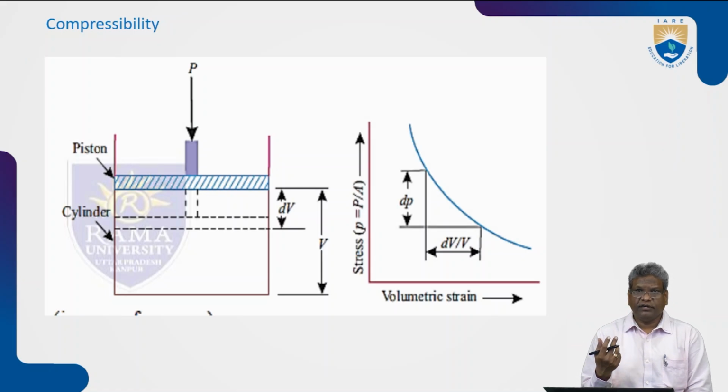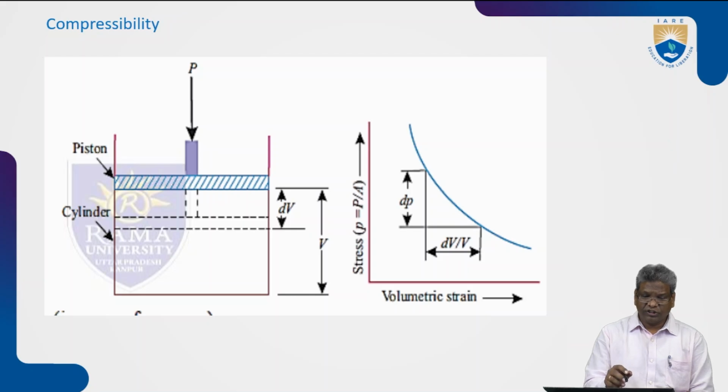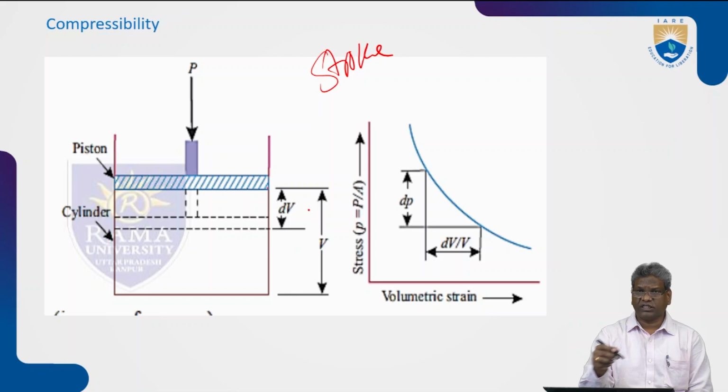By taking some diagram, we can explain how this compressibility will change with respect to the change in volume from the original. So this is the original volume. Otherwise we can say stroke, in the case of thermodynamics. Stroke is the maximum distance traveled between the top dead center TDC and BDC.